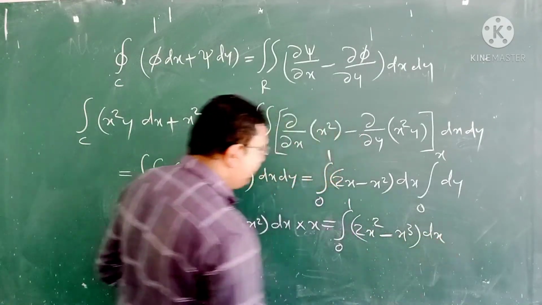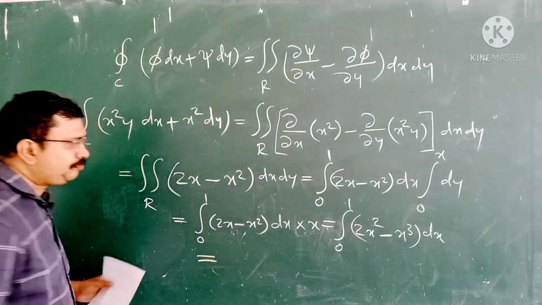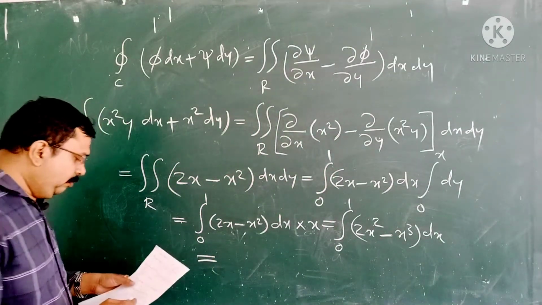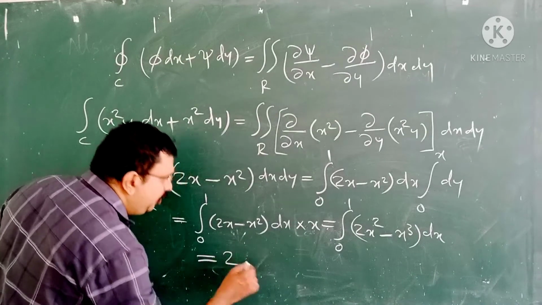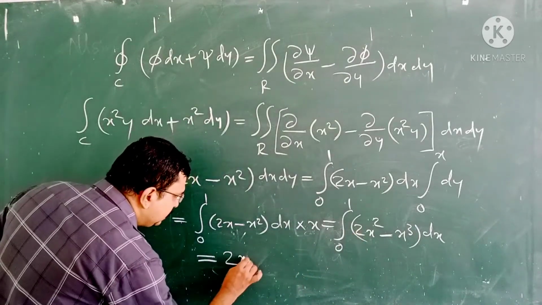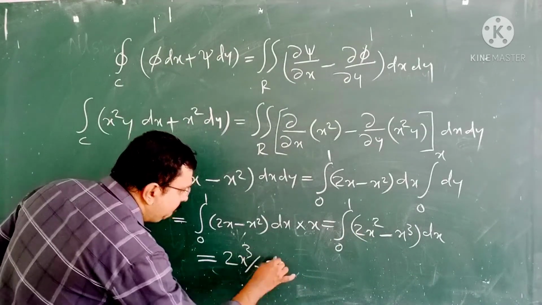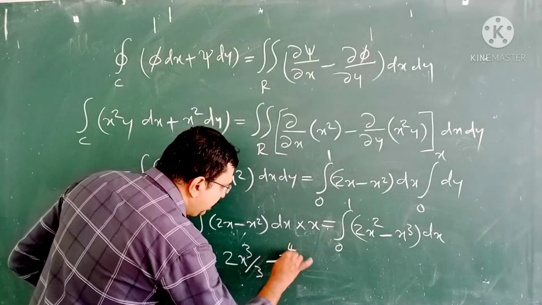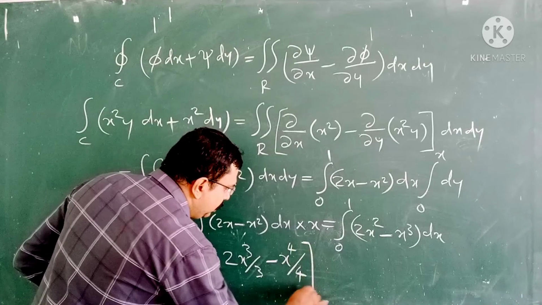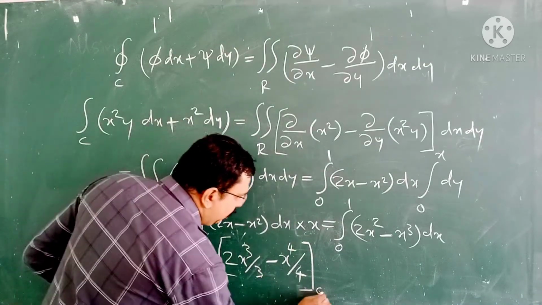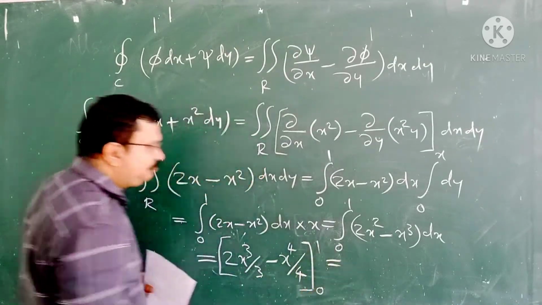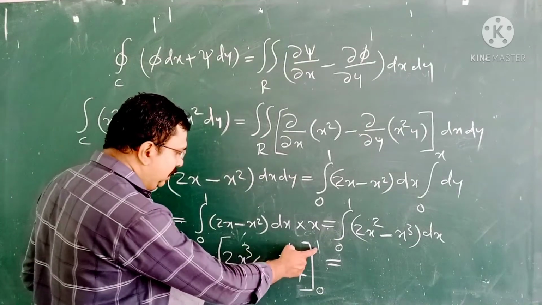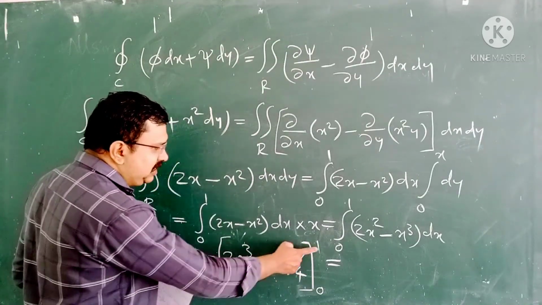dx. That is equal to 2x cube by 3, 2 into integral of x square is x cube by 3, minus integral of x cube is x raised to 4 by 4. Now we apply the lower limit and upper limit. When applying the upper limit, x is replaced by 1.